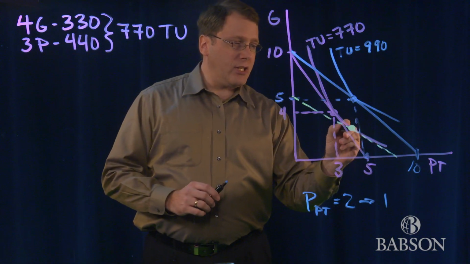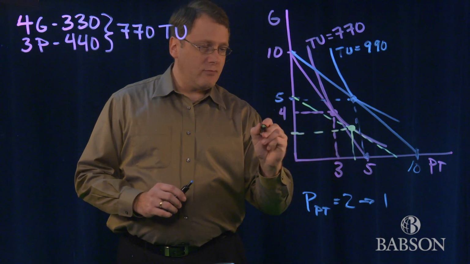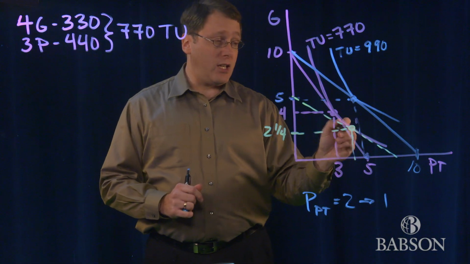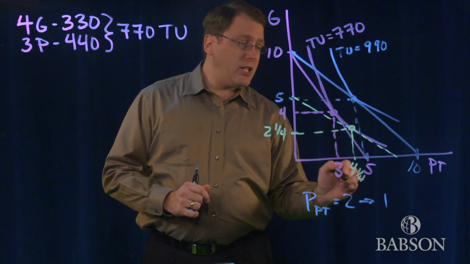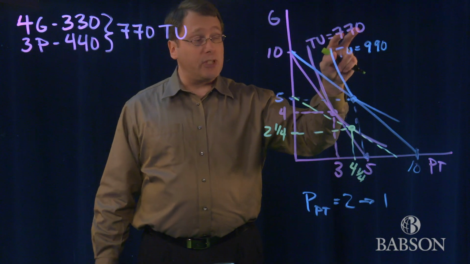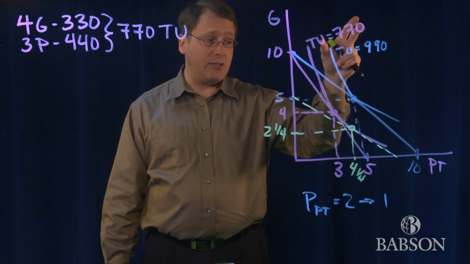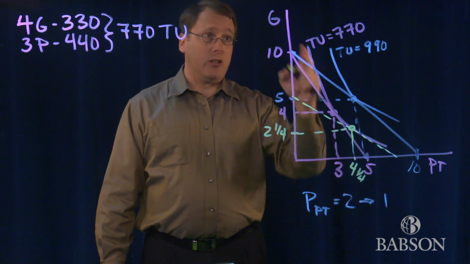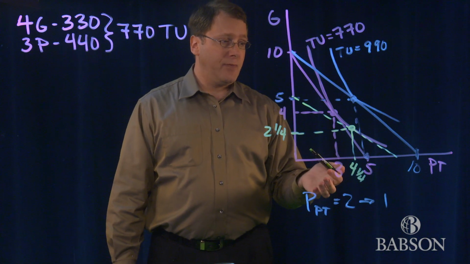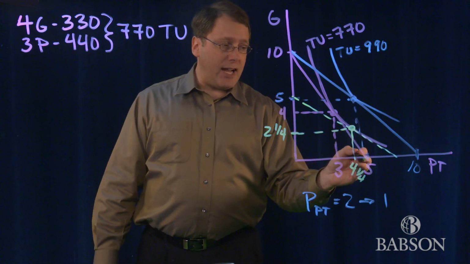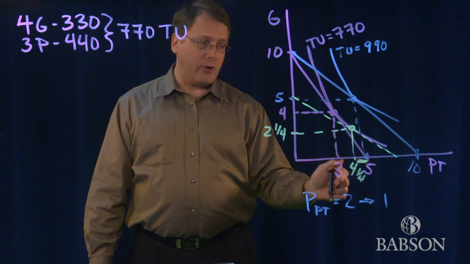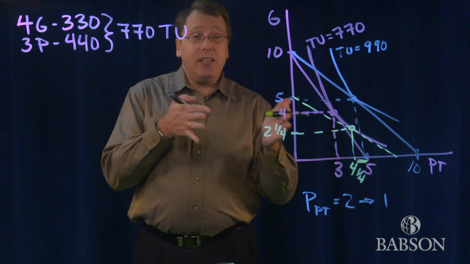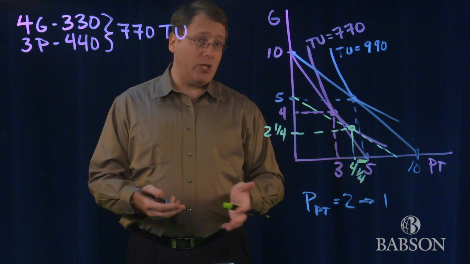And that point here, this is really asking us how many ounces of granola and how many Pop-Tarts would give us that same level of total utility that we originally had, the 770 units, but now at this new relative price combination, where Pop-Tarts are $1 and granola is $1. And the income effect was that distance here, from 4 1/4 to 5 units. Right? That really looked at how do I feel richer because Pop-Tarts are now cheaper.